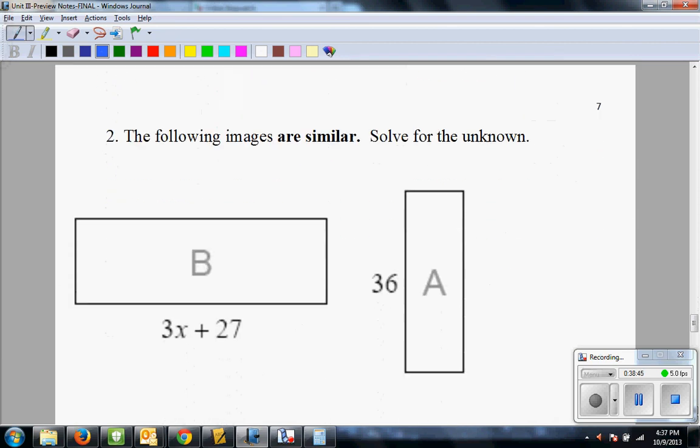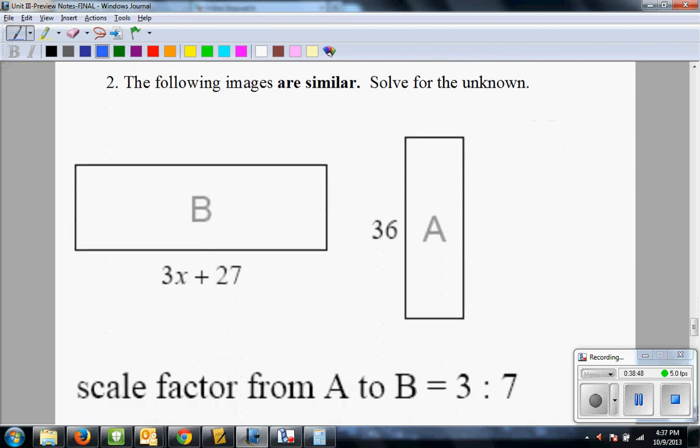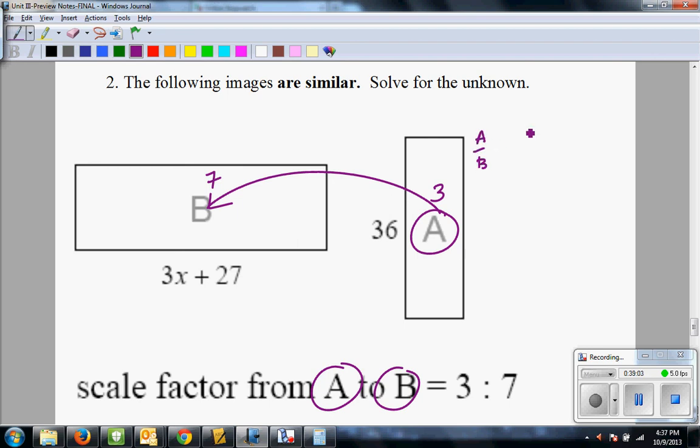It says the following images are similar, solve for the unknown. Okay, there's a little trick to this. It says the scale factor from A to B, so we go A to B. That's going to be 3 to 7. So A to B, 3 to 7 equals 36 over 3x plus 27. Now I cross multiply. 3 times 3x plus 27 equals 7 times 36.